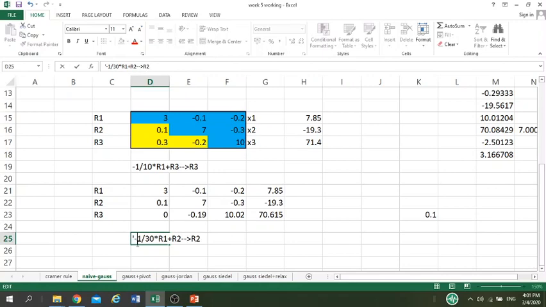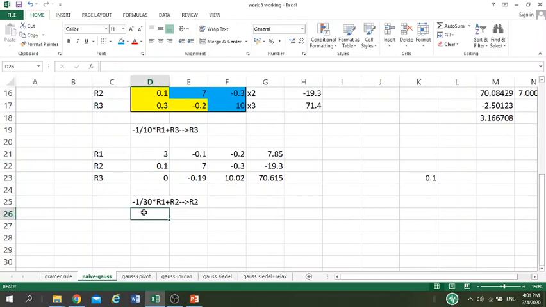Put a minus here. So 1 over 30 times 3, we get minus 0.1. So when we add up with row 2, this 0.1 becomes 0. Okay, let us try.